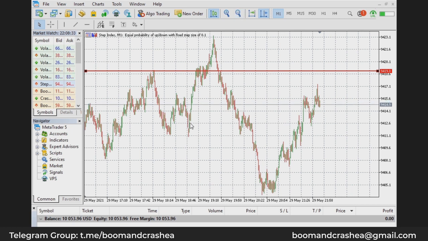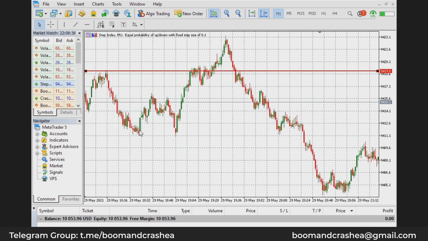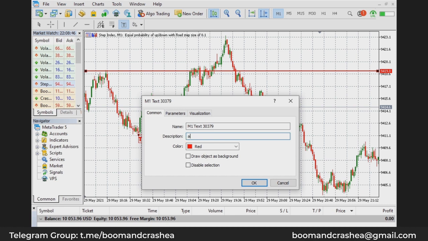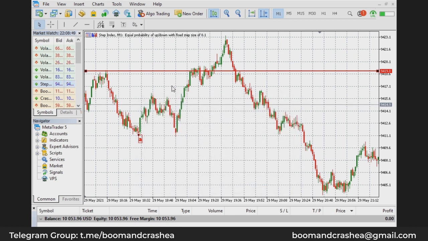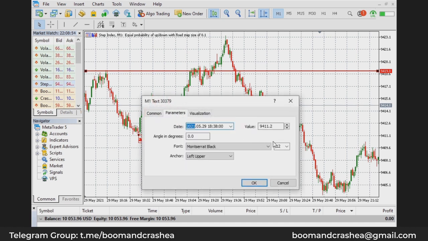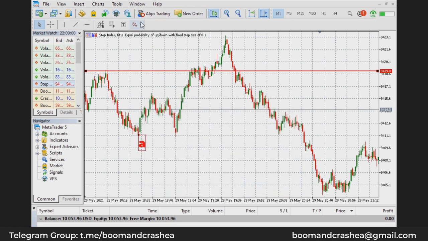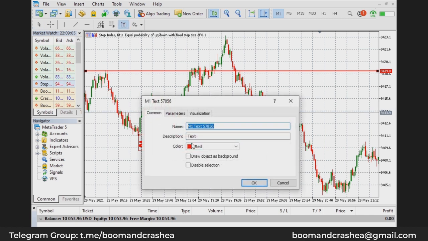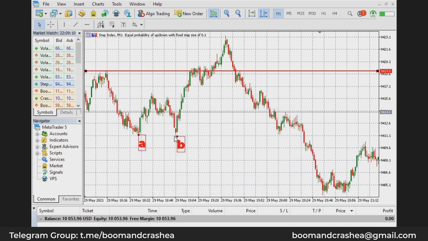So for instance, if I compare these two price levels, point A, I'll take my text and put it here, point A, and then, pardon me, let me adjust the size. Then I place this here and rename this as B. I should have AB.